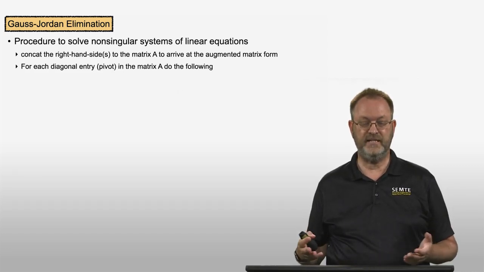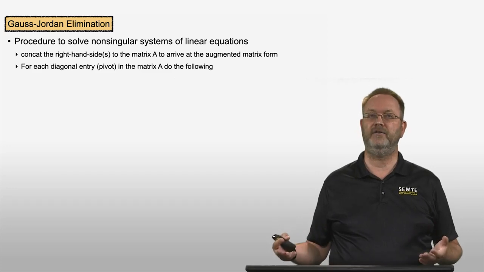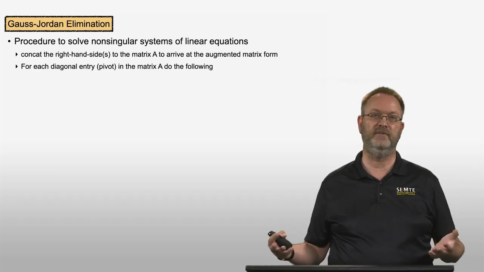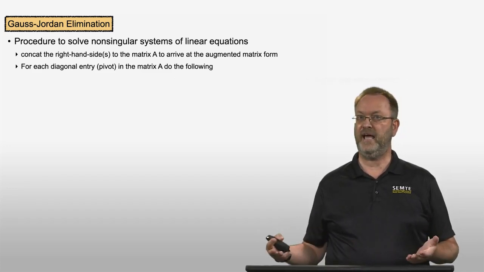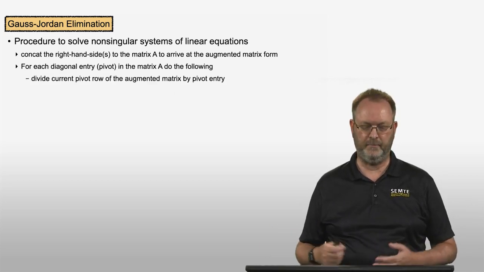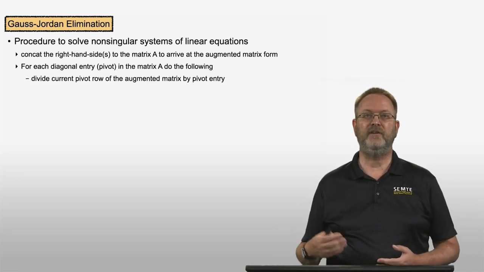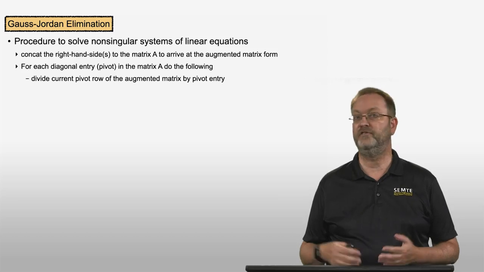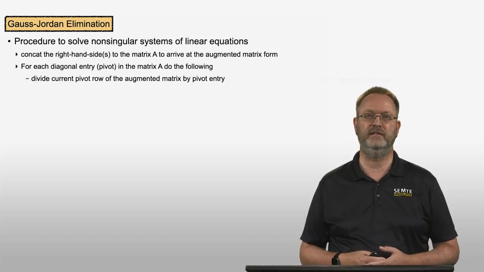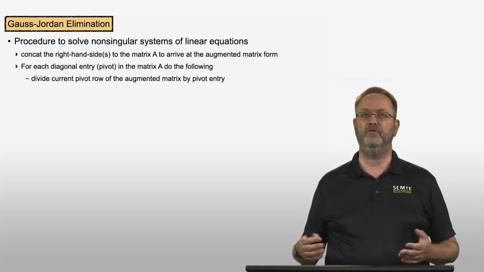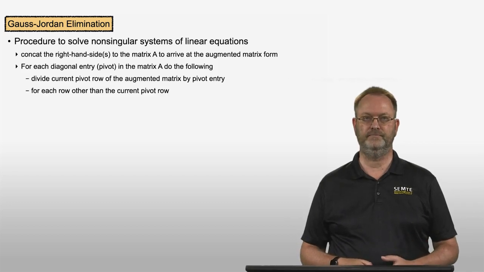Now the algorithm says that for each diagonal entry in the matrix A, we call these diagonal entries pivots, we will do the following steps. We will divide the current pivot row of this augmented matrix that we generated by the value that we find in the pivot position.